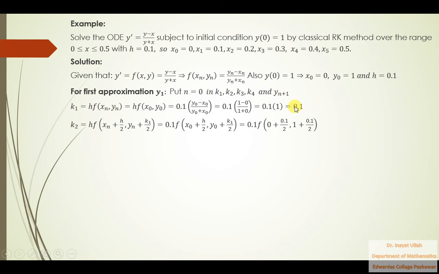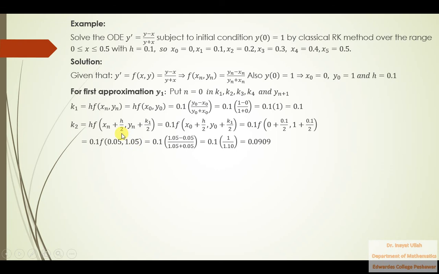So we have replaced all those values to get 0.1 times function of 0.1 by 2, which is 0.05, and 1 plus 0.1 by 2 is 1.05 after calculating.